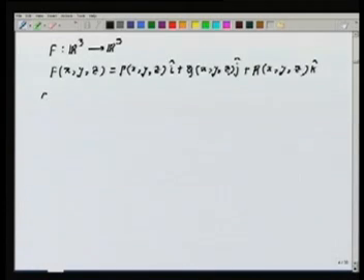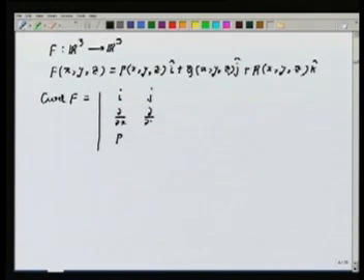In that case, curl F stands for this vector field: i del x P, j del y Q, k del z R. This is called curl F. So now we know the general definition of curl.